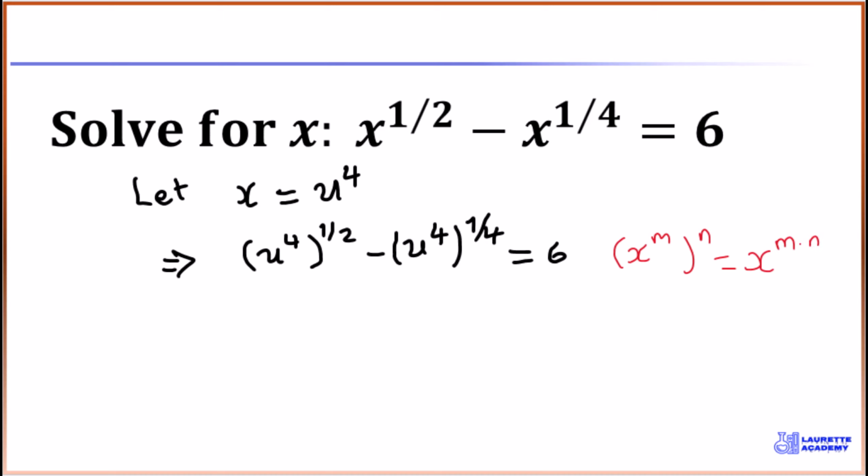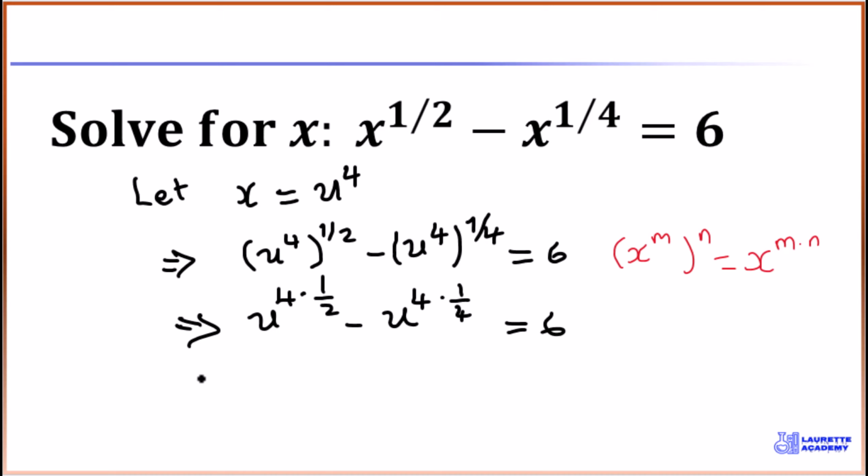When we apply that to this equation, we will have that. So this implies u to the power 4 times half minus u to the power 4 times 1/4 is equal to 6.